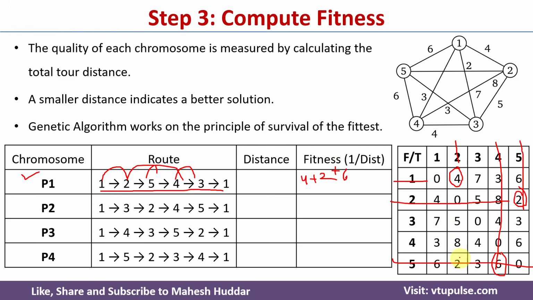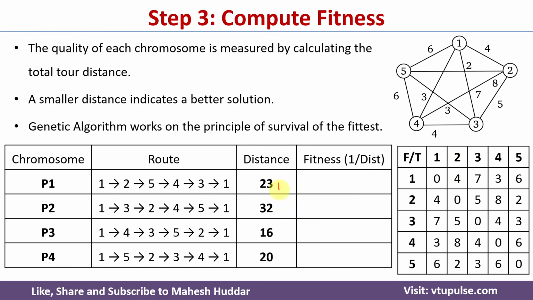Then 4 to 3, the intersection point is at 4, plus 4. Then 3 to 1, the intersection point is at 7, plus 7. Once we add these values, we get the distance as 23. Similarly, we need to calculate the distance for chromosomes P2, P3 and P4.